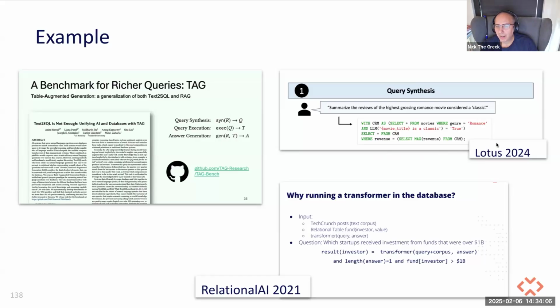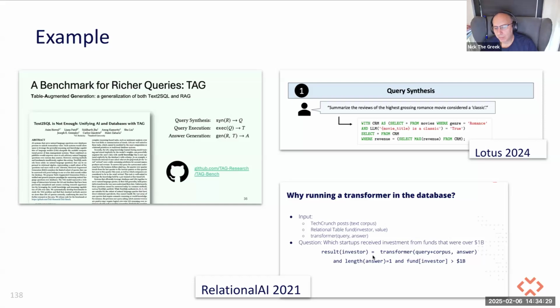Now, I just want to say that back in 2021, we had a similar proposal. This is from a slide that I put over there in REL, where I say it's kind of similar. The question is, which startups received investment from funds that were over 1 billion?